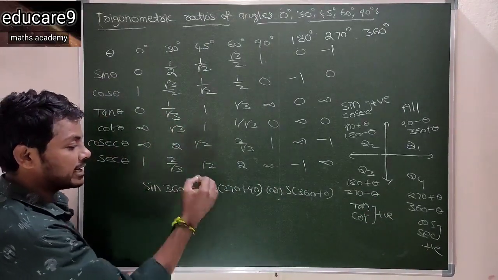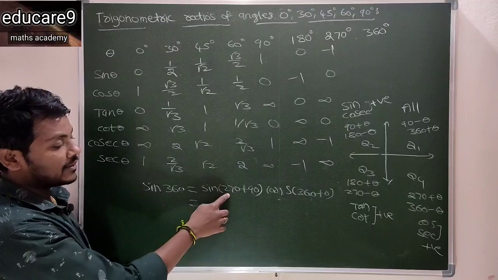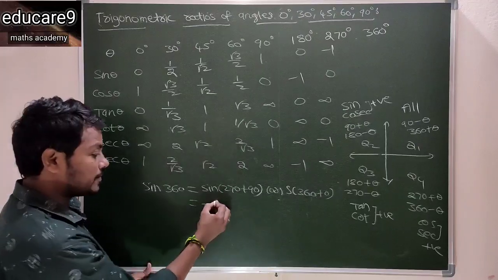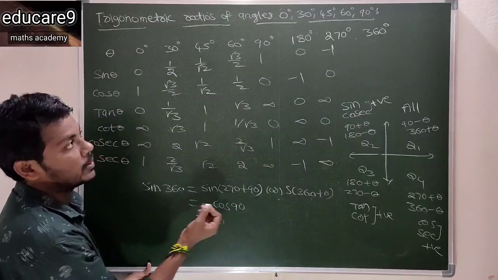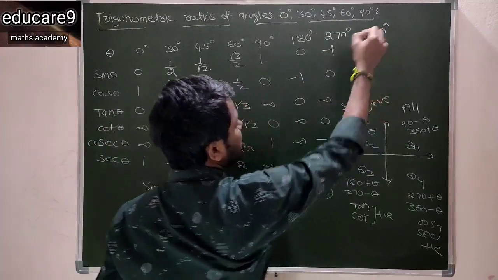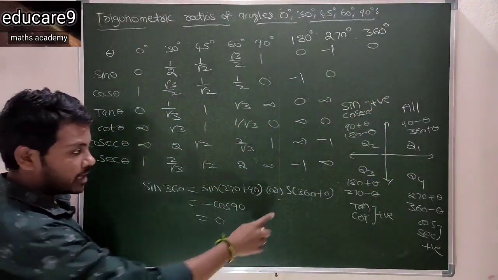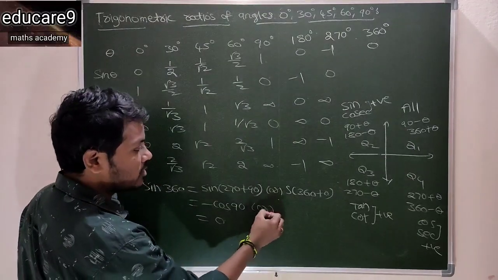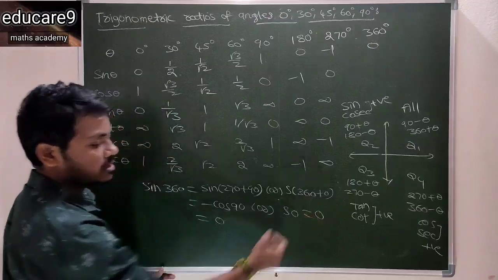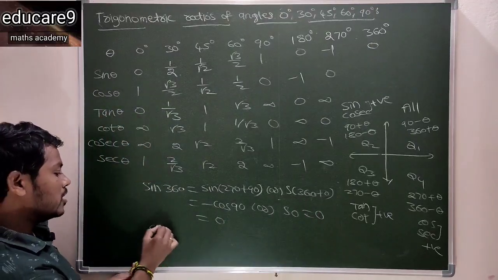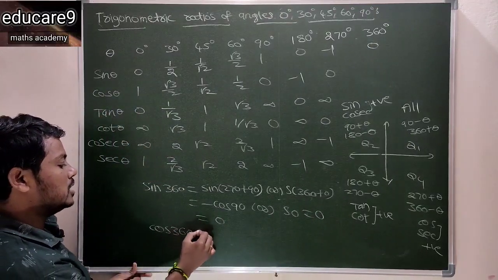Here sin is there, so you get a negative sign. For 270, sin changes to cos. Cos 90. Cos 90 value is 0. So here you get 0. Or with 360 plus theta, first quadrant, you get sin 0. This is 0. Next to find cos 360.